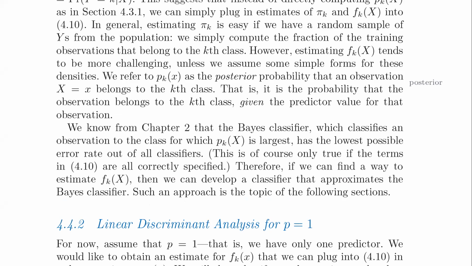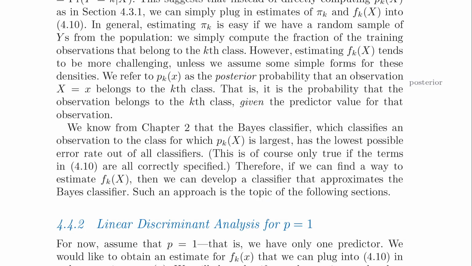We know from chapter 2 that the Bayes classifier, which classifies an observation to the class for which p k of x is largest, has the lowest possible error rate out of all the classifiers. I don't even remember doing this. This is, of course, only true if the terms in 4.10 are all correctly specified.